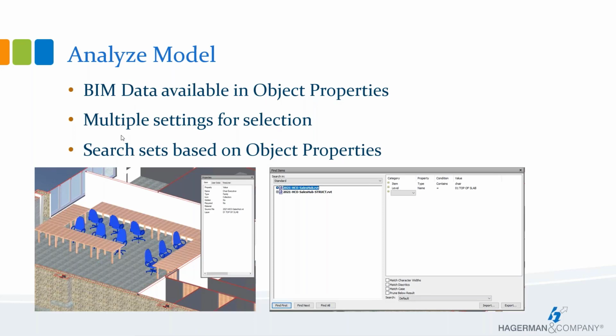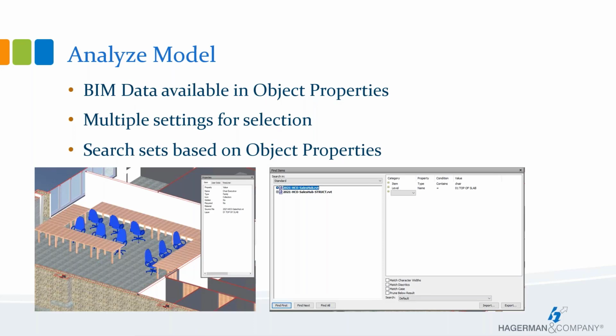The image on the left shows how I can easily examine object properties. I think I have a few chairs selected, and I've got all the properties from the Revit model listed. Another helpful tool here is the ability to easily create search sets based on the object properties.